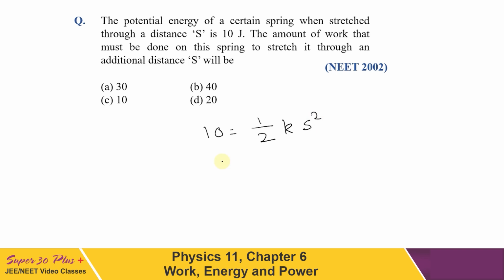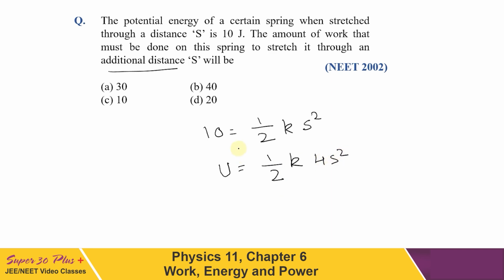Now it is asking what amount of work must be done on this spring to stretch it through an additional distance s. So if the total energy is U, it has to be equal to half k, and now the total stretch is 2s, so it has to be 4s squared.